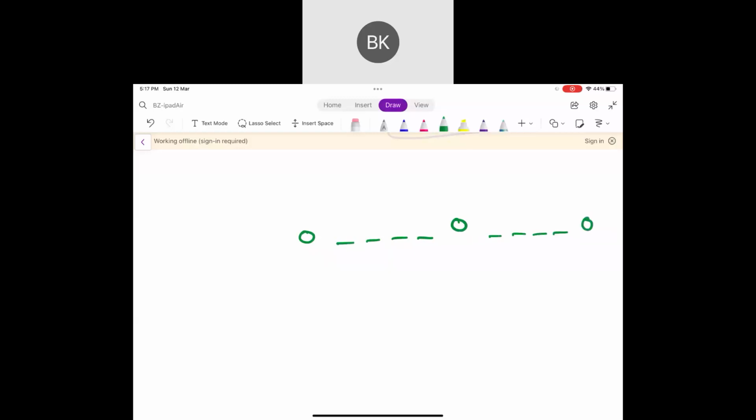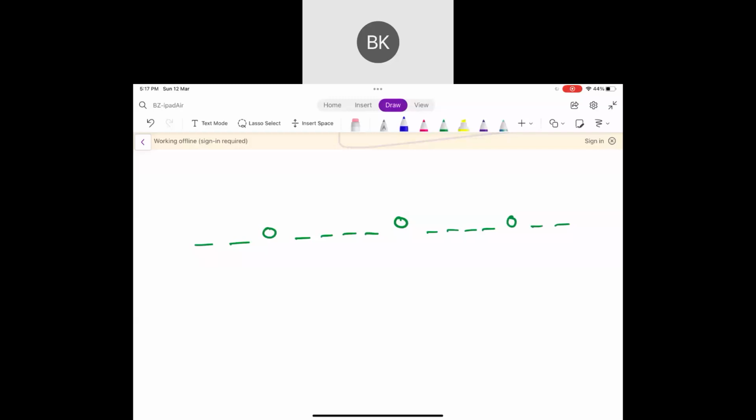For this case we have 3 zeros. Can you tell me how many subarrays are there ending with zeros in total? 6, right?